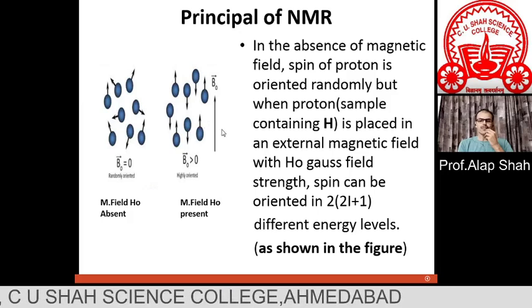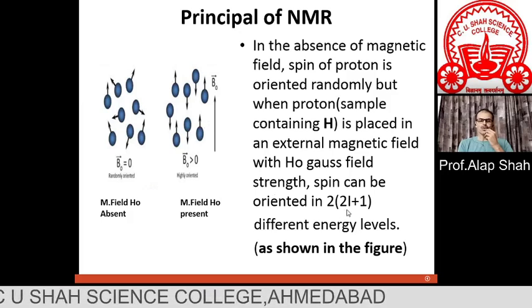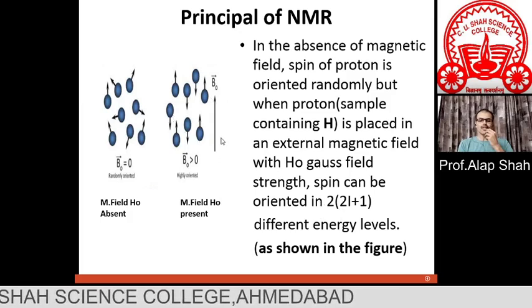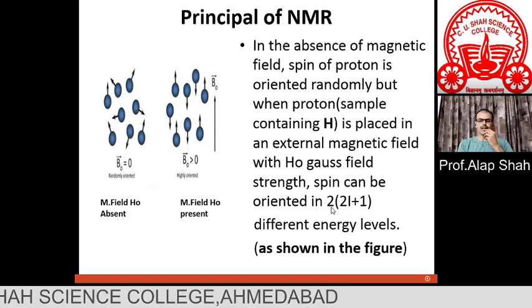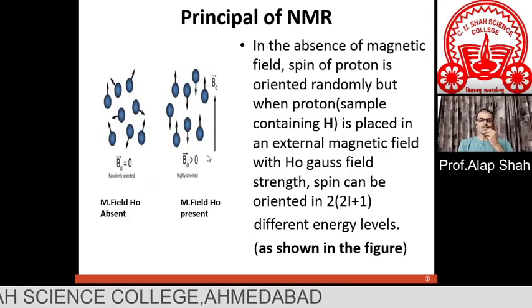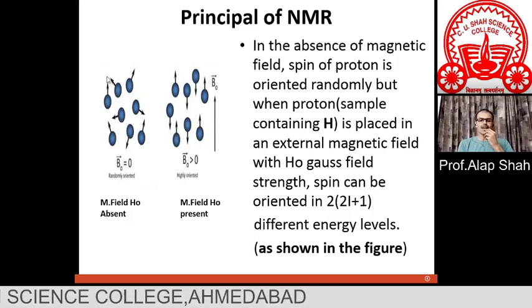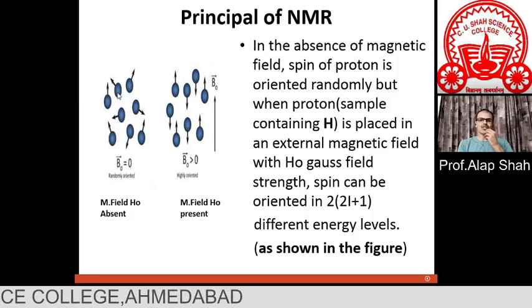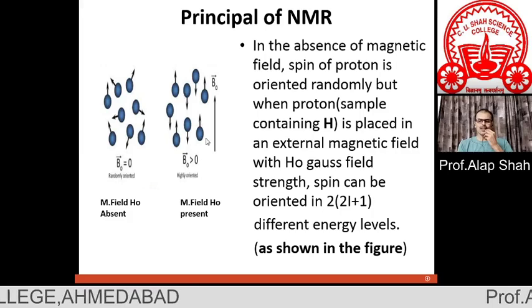So according to the I value, the spin of hydrogen is oriented in two possible energy levels. This phenomenon is exactly like in a class when your teacher enters. Before that, students are randomly arranged, but the moment your professor enters the class, suddenly everything is in order. The same phenomenon happens here.